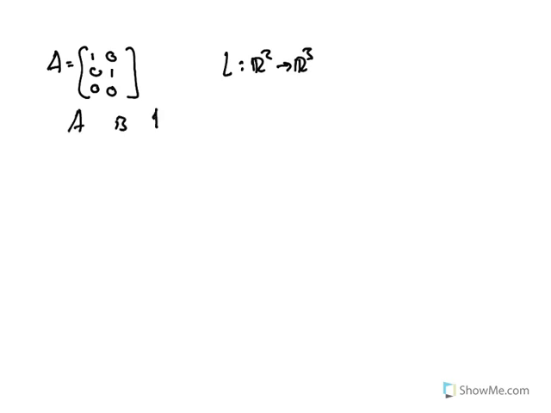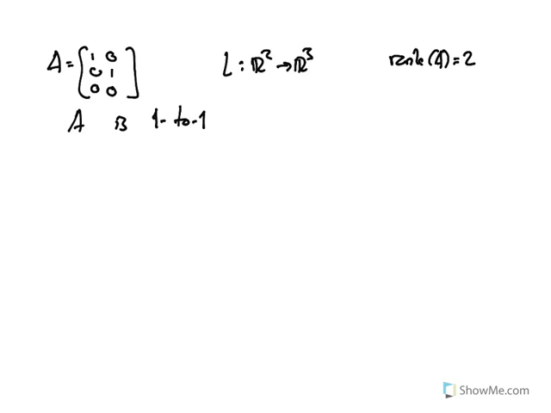So to look at some examples, say you have the matrix, so L maps R2 to R3, then A is one to one. So in this case, the rank of A is equal to 2. The matrix itself is in its REF, so we can immediately read off the rank.